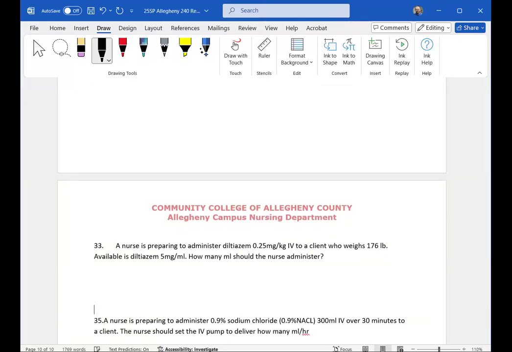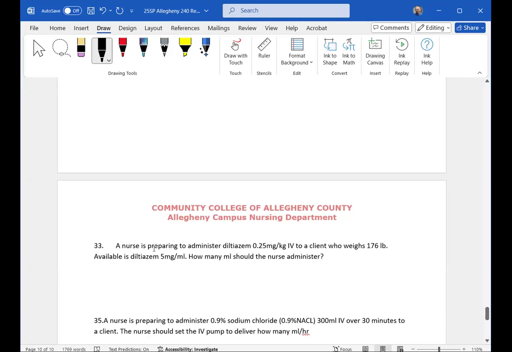All right. So this first question says, a nurse is preparing to administer this medication. I'm not even going to try and say it. 0.25 milligrams per kilogram IV to a client who weighs 176 pounds, and the available is 5 milligrams per milliliter. How many milliliters should the nurse administer?